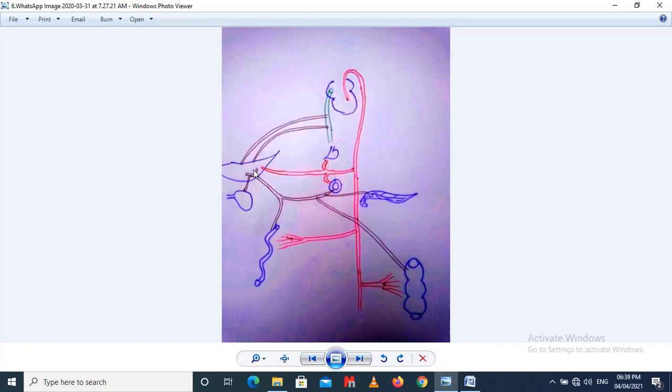If it contains drugs, then phase 1 and phase 2 metabolism occur over here, and they metabolize a large portion of the drug, especially the unwanted material. The liver is for detoxification, so it detoxifies the toxic material, and then provides that blood to the heart.